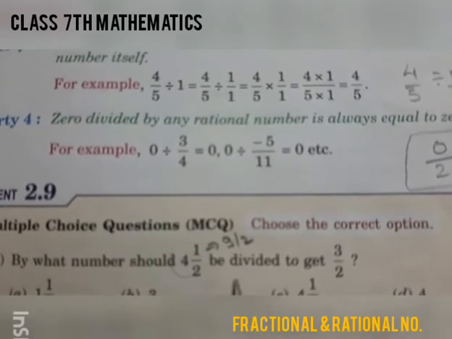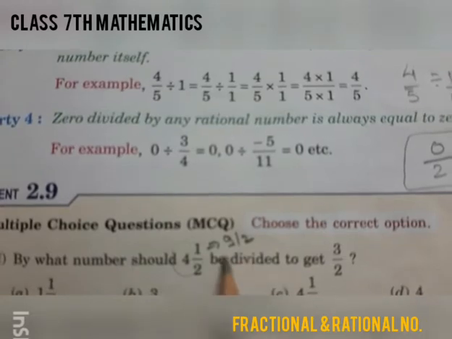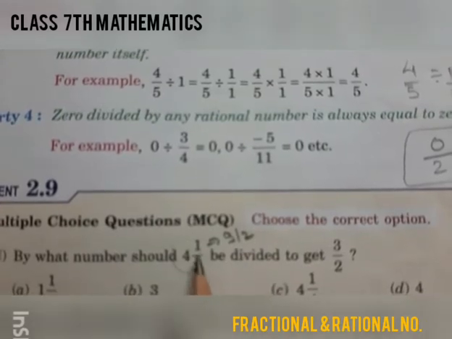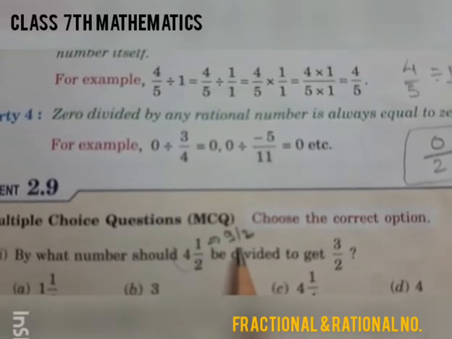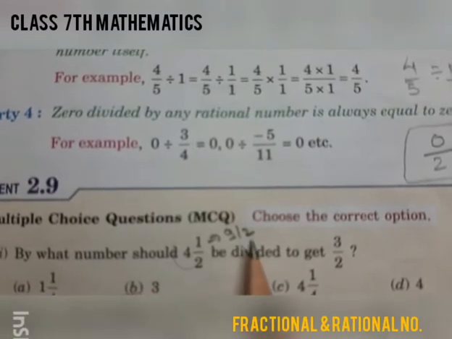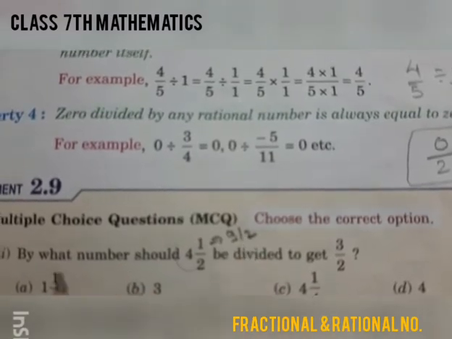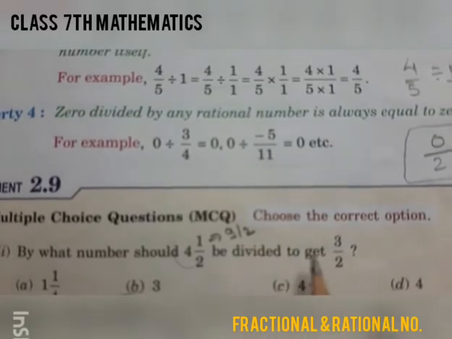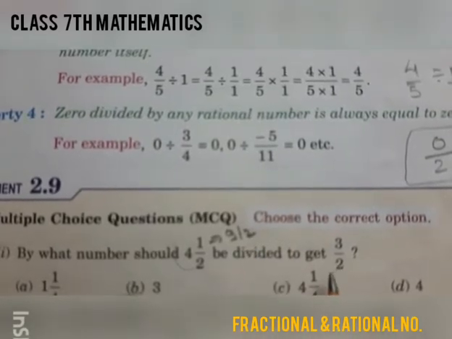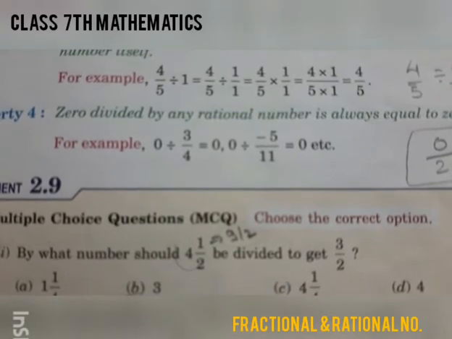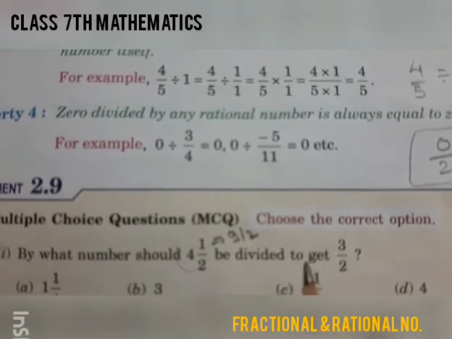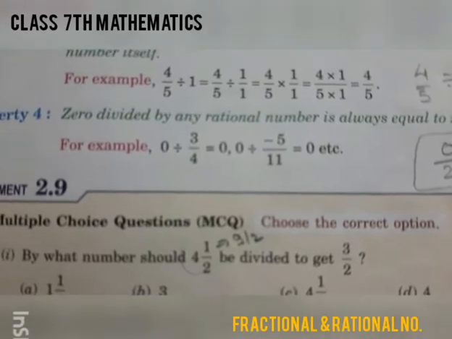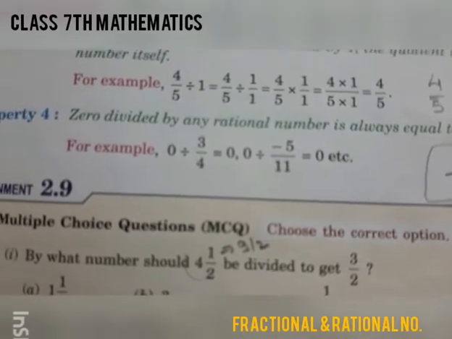Now see class, here we have the first rational number as 9 by 2. Now forget the 4 into 1 by 2, we have converted it into a normal fraction. The first rational number is 9 by 2. The question is saying by what number this 9 by 2 should be divided so that the result is 3 by 2. So we don't know the second rational number, so let's assume the second rational number as x. So mathematically we will write it how?